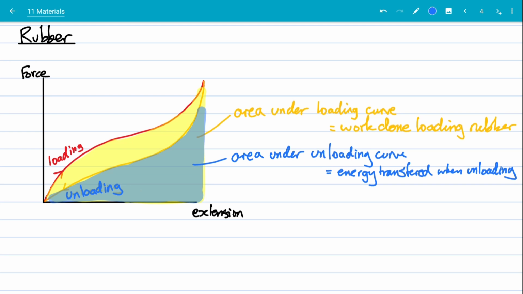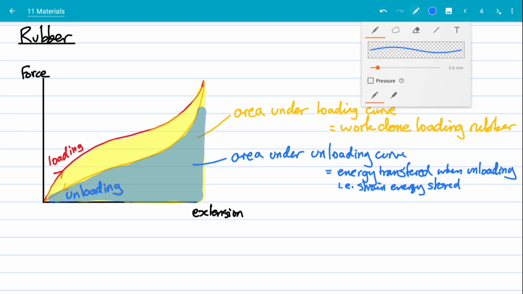So that is the energy that you could say was stored because we were able to get it back, i.e. strain energy stored. So what about the other bit?